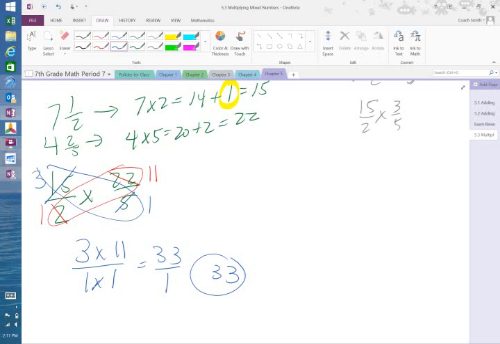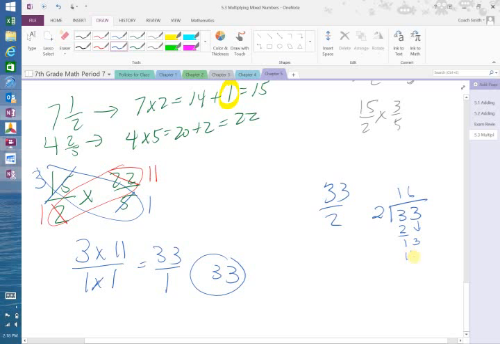What? No, if it was 33 over, let's say it was 33 over 2, you would simply divide 2 into 33. Goes once, bring down your 3, goes 6 times, that's 12, remainder 1, take the 1, put it over 2, so that would be 16 1/2.